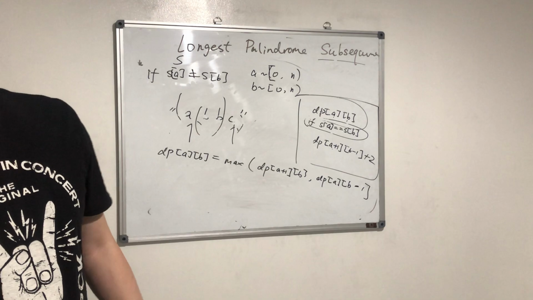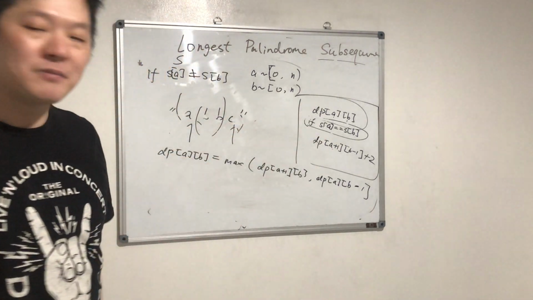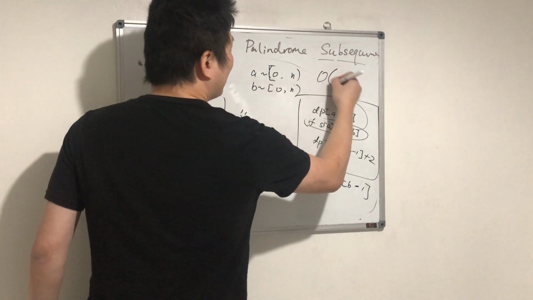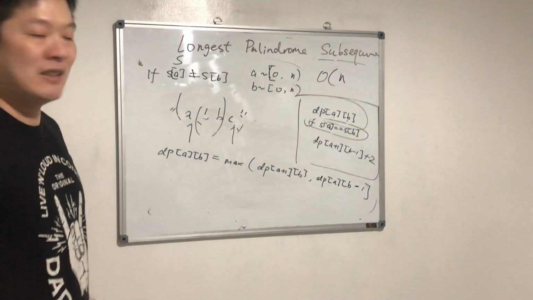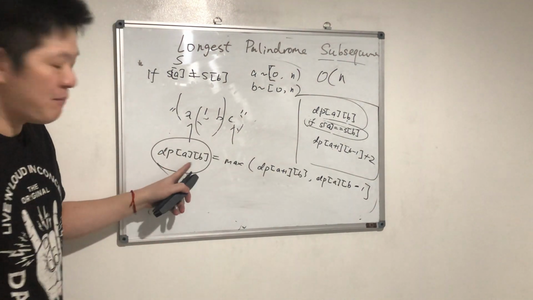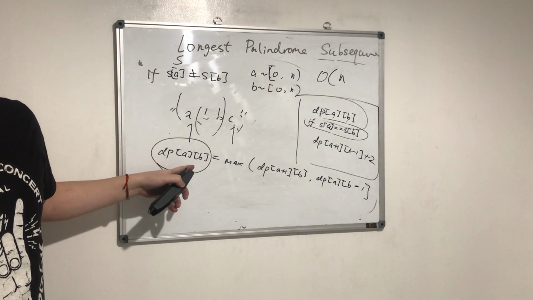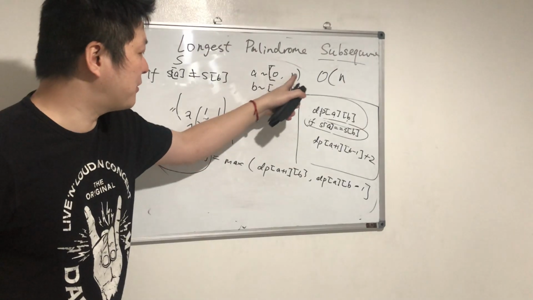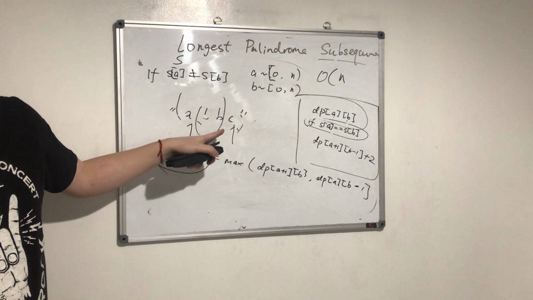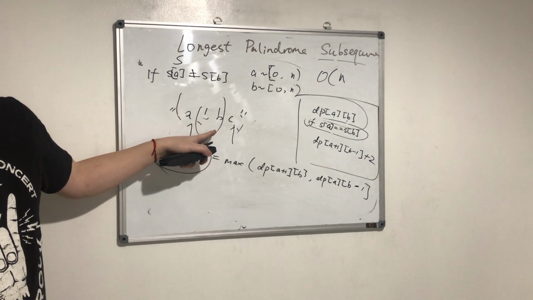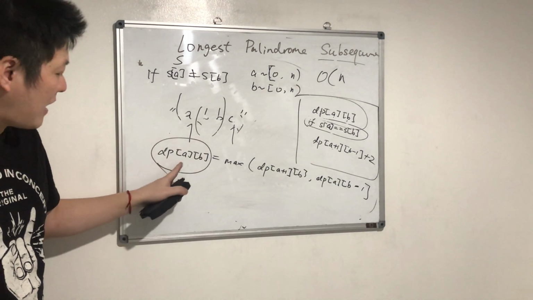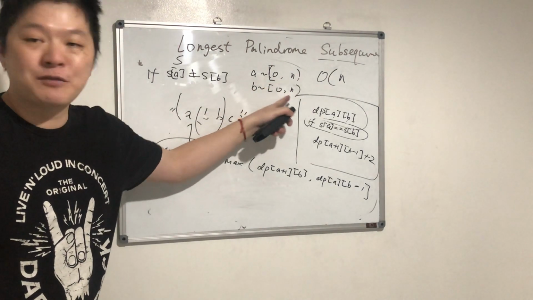The time complexity if we solve this equation. There are two, a and b. I want to solve this two-dimensional dp array. A is from 0 to n, b is from 0 to n.